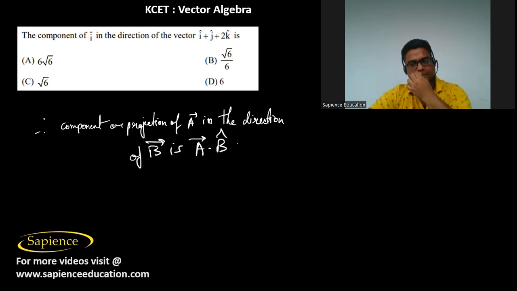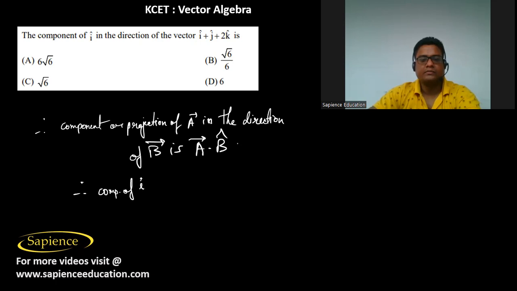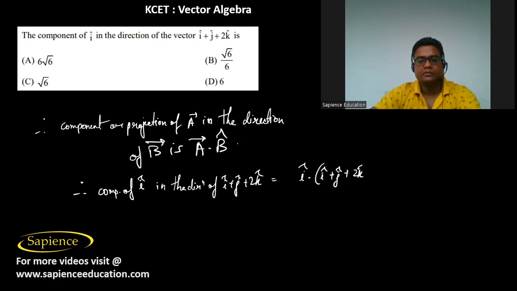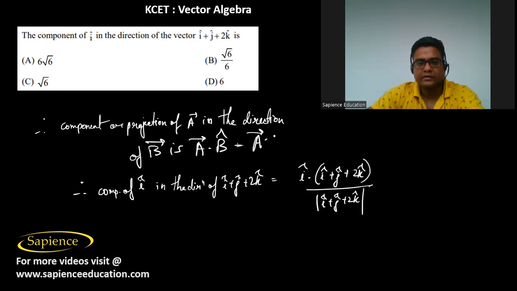So the component of i cap in the direction of i cap plus j cap plus 2k cap will be i cap dot i cap plus j cap plus 2k cap divided by the magnitude of i cap plus j cap plus 2k cap. Since here also the component of vector A in the direction of vector B, that is a vector dot b cap, can also be written as a vector dot b vector divided by magnitude of b vector.